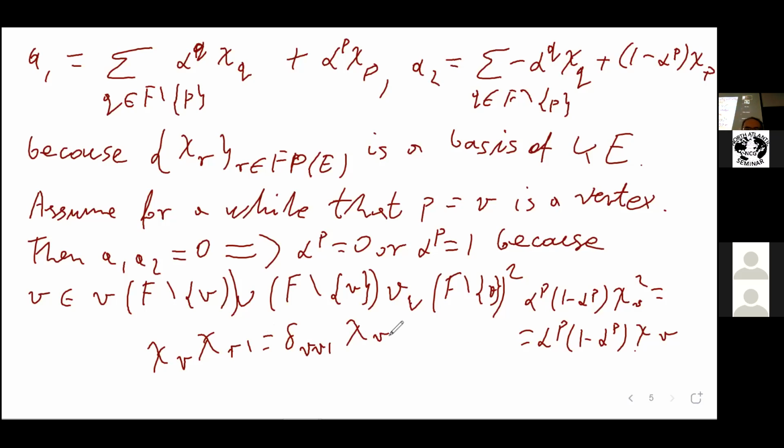So if I multiply with positive length paths, of course I stay in positive length paths, so I will not get a vertex. So the only hope to get chi v from other parts of a multiplication would be to multiply vertices, but the only way I can write chi v as a multiplication of some other chi's would be when the other chi's are just chi v. So that's the only way to write chi v as a result of multiplication.